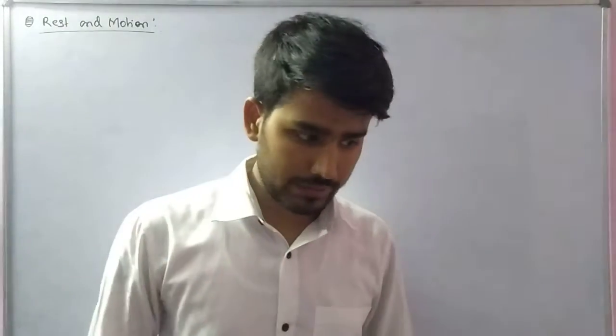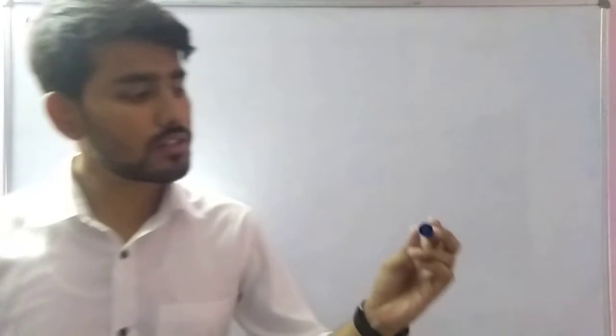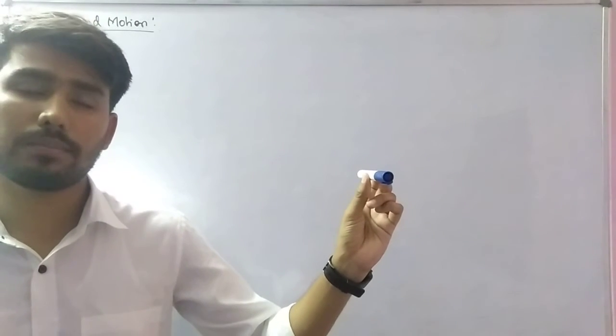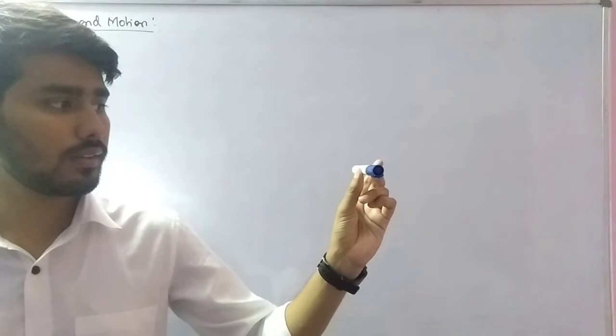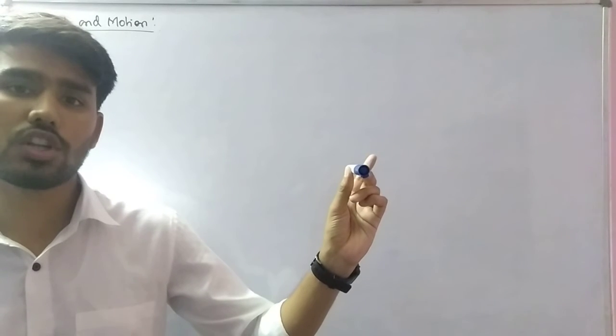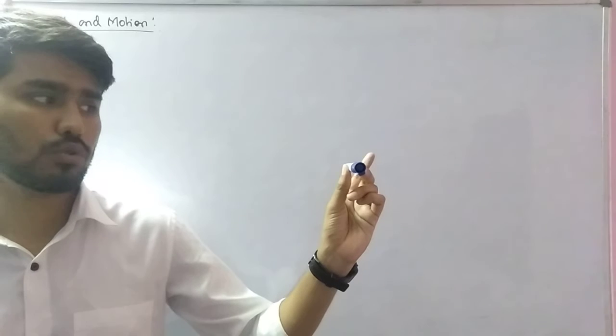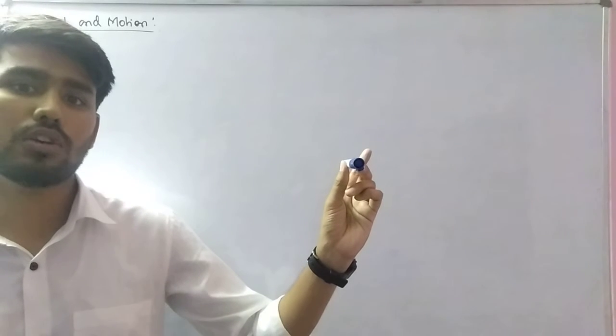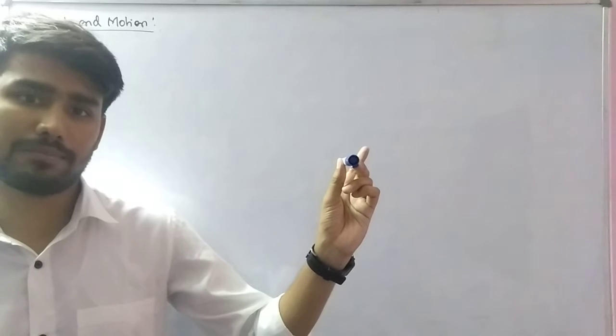Fine. Just try to visualize. First thing first, if I just hold the pen over here, what do you see? The position of the pen is not changing with the surrounding, nor with time.